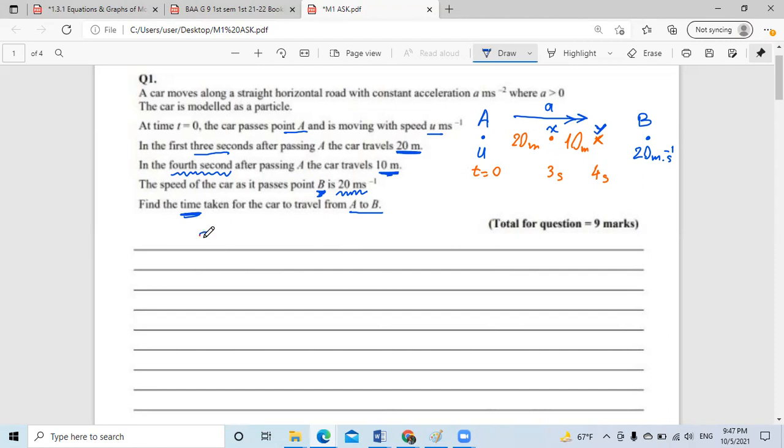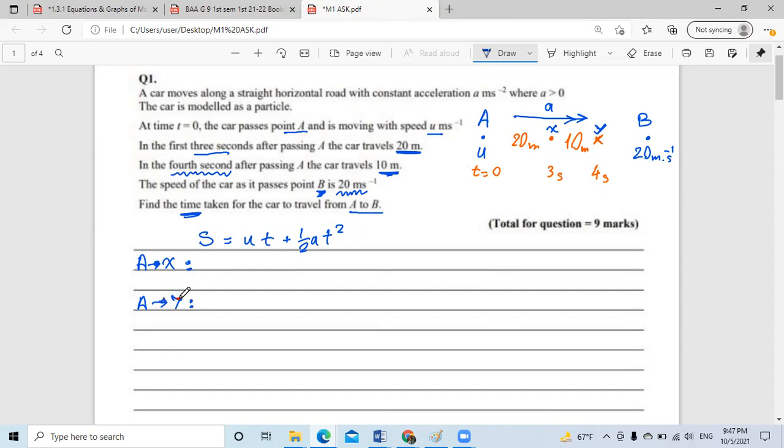So I will use the equation displacement equals ut plus half at squared twice, once from A to the point X and once from A to the point Y.